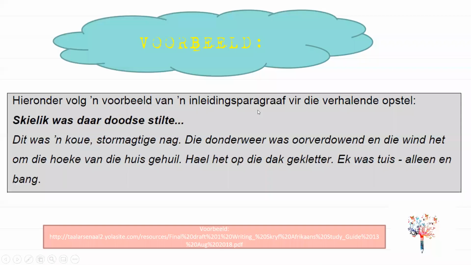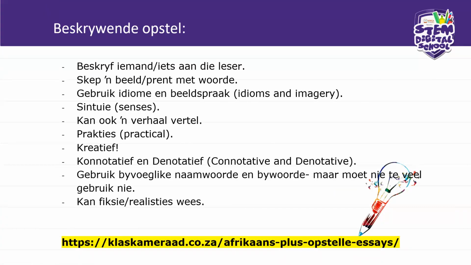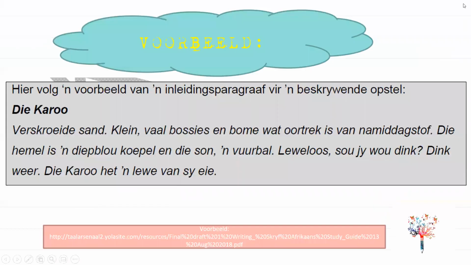I also have an example for you for a beskrywende opstel, a descriptive essay. Okay, the present tense in the beskrywende opstel gives a feeling of goodwill. So here is an example of a descriptive essay. Again, just as in the previous example, I will quickly read it and translate it as we go on. The person gave us a title, die Karoo.